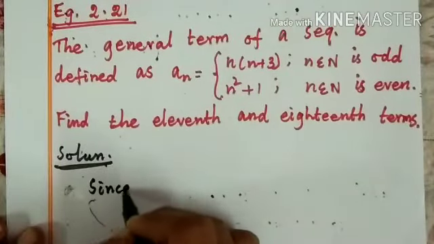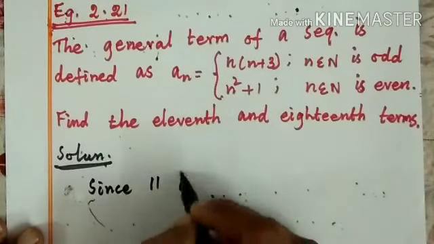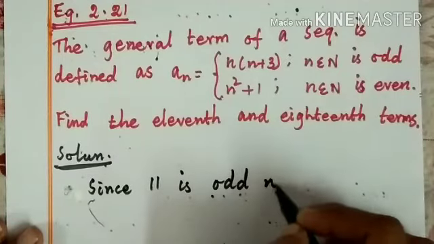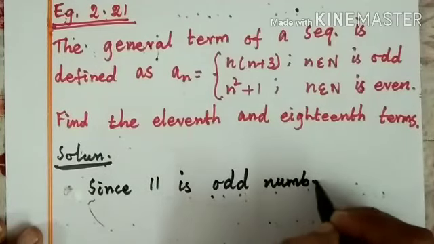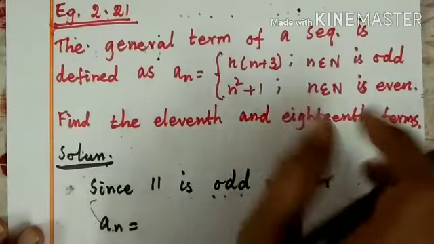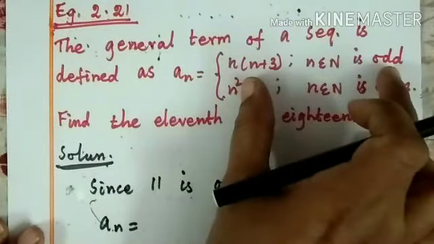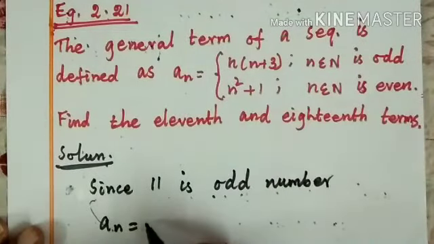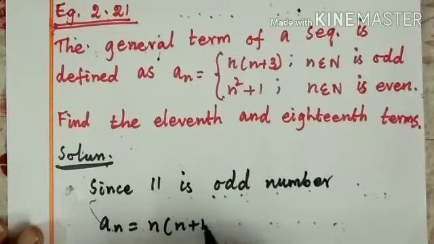Since 11 is odd number, therefore an is equal to, you take down and write the odd number general term, that is an is equal to n into n plus 3.